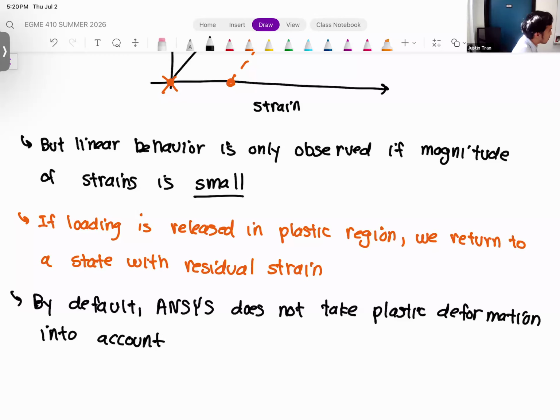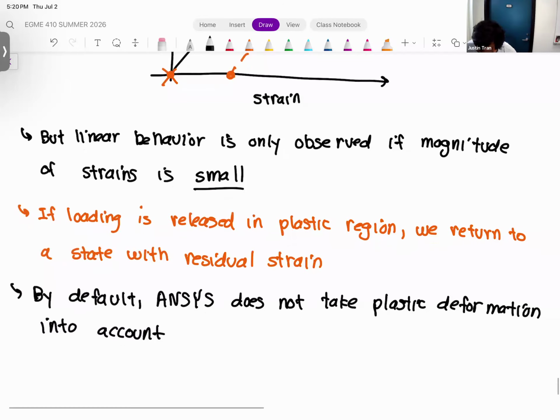So this statement has a number of consequences. First of all, you have to remember that all the time. Whenever you are looking at an ANSYS result, you have to actually look at the magnitudes of deformation and check to see if they are reasonably small.